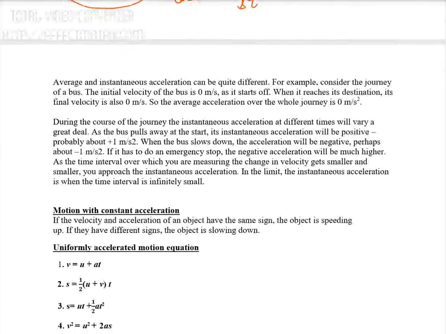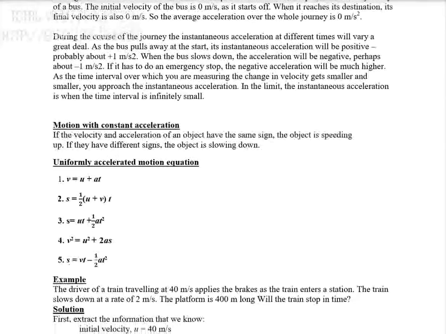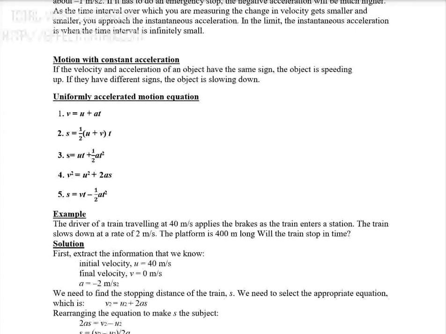The other thing is motion with constant acceleration, or uniform accelerated motion. When the acceleration of an object is constant, or unchanged, we call that motion uniformly accelerated motion, or motion with constant acceleration. We will use these equations for all uniform accelerated motions.